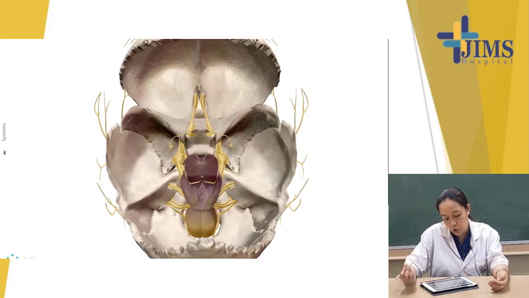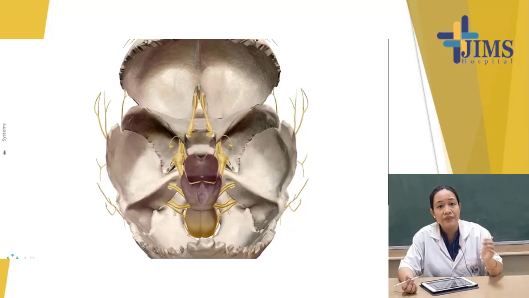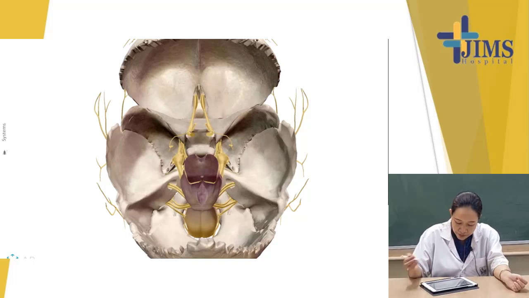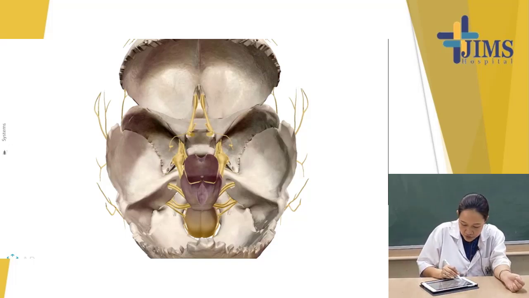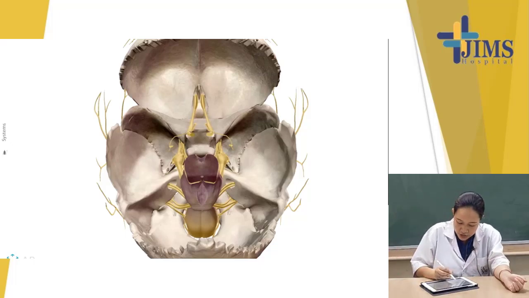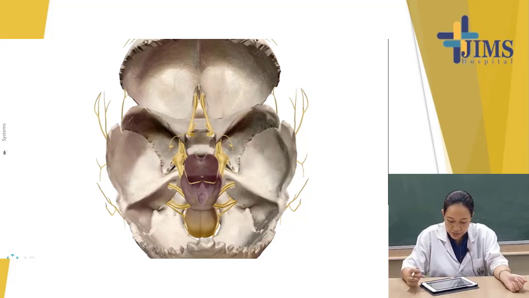So, the oculomotor nerve passes through the tendinous ring. In between the two rami, one more nerve appears, which we call the nasociliary nerve. So, the nasociliary nerve intervenes between the two rami of the oculomotor nerve.